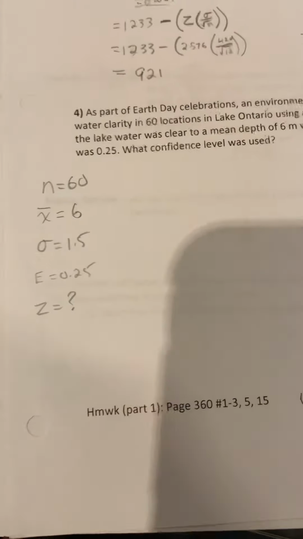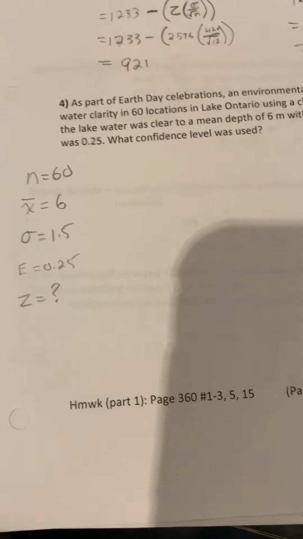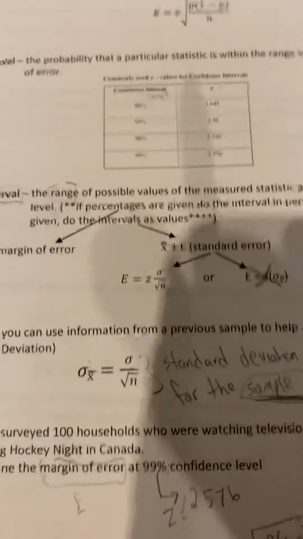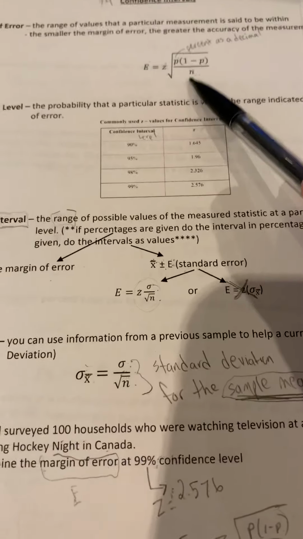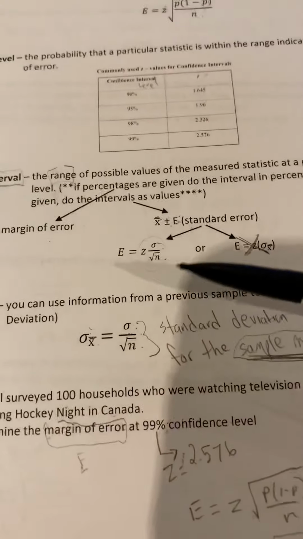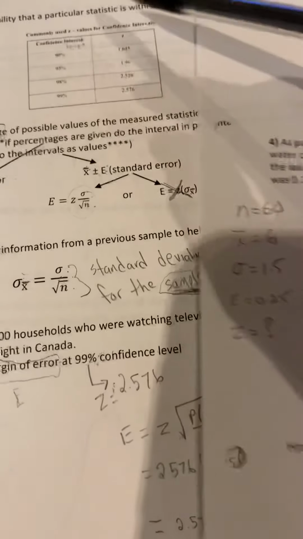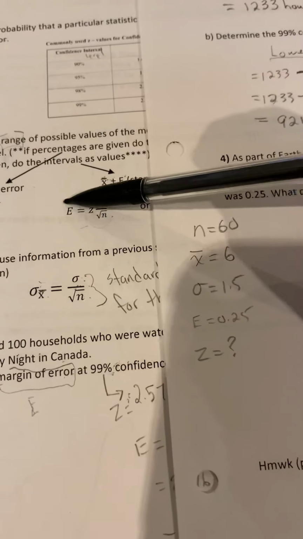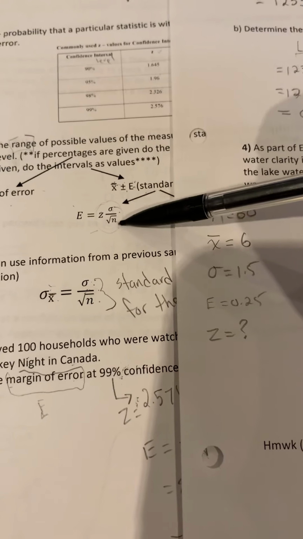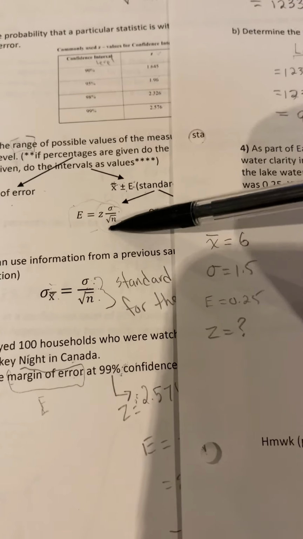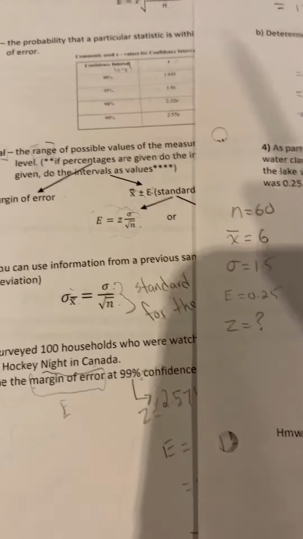Okay, so now we have to connect this to a formula. So which one would have these values connected to them? Okay, so in the first formula, we do not have any P's, so we can't use the first one. Our second formula here, we have E, we're looking for Z, we have standard deviation, and we have our N value, so we could actually use this formula here to help us find the Z-score.